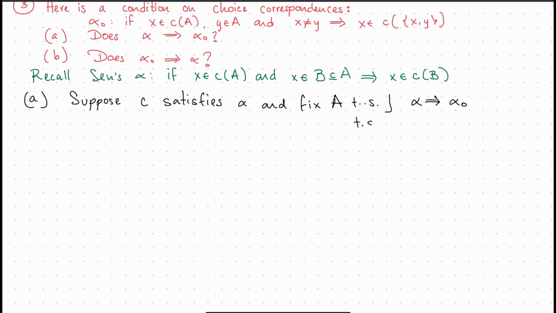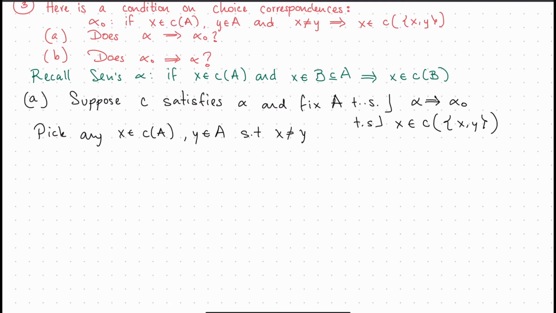This is equivalent to showing that x is in C over the set xy. So let's pick any x in the choice correspondence and y in A, such that x is different to y.